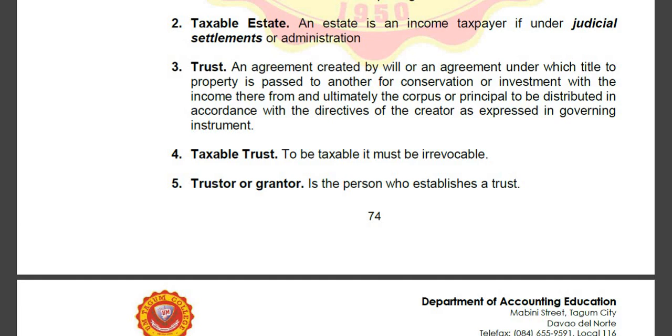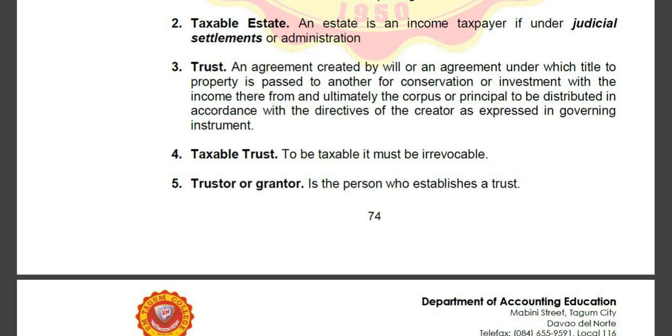A grantor having properties would transfer the administration of such property to a trustee. For what purposes? For investment or for conservation. When you say investment, of course, in order for such property to earn income, and ultimately direct the trustee or the fiduciary of such property under trust as to how such income will be distributed.